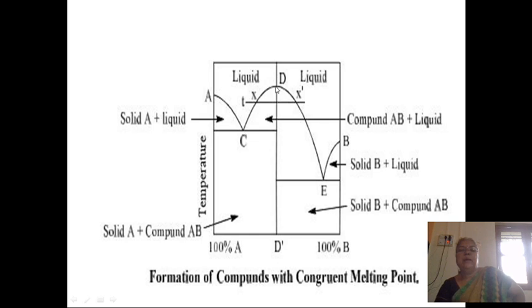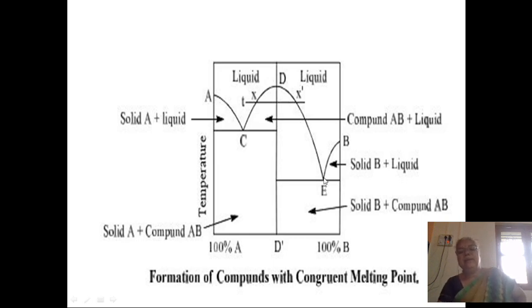It is the solubility curve of AB, and the solubility of AB increases with increase in temperature. This curve CD tells us that the solubility of AB increases with increase in temperature, and the curve DE indicates that the solubility of AB decreases with decrease in temperature.